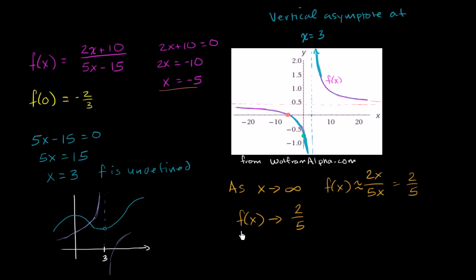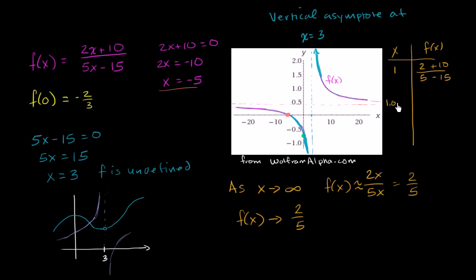And if you really want to see that a little bit more concretely, let's imagine different values for x as x gets larger and larger and larger. So if we have x, f of x. If x is 1, then f of x is just going to be 2 plus 10 over 5 minus 15. So here, the 10 and the subtracting the 15 matter a lot.